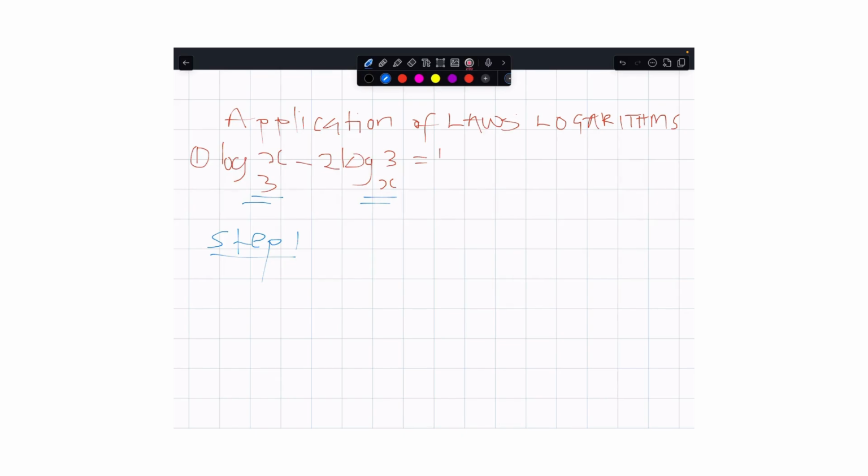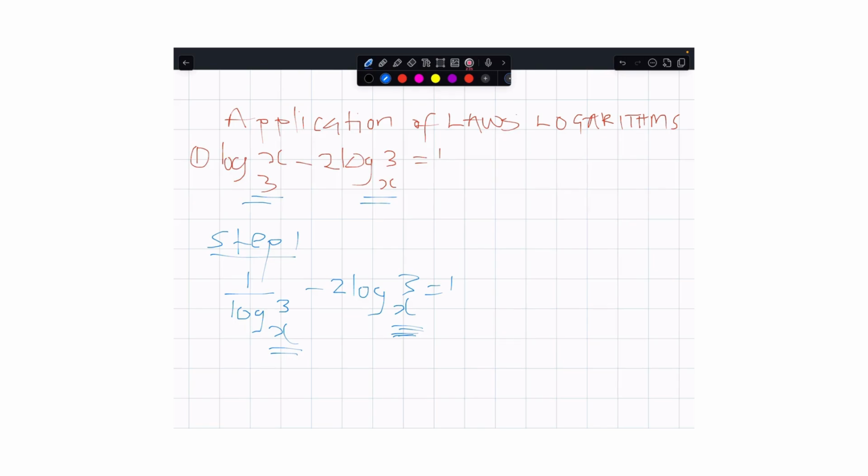Remember that when we want to change the base of the logarithm, we can just say 1 over log of 3 base x, minus 2 log of 3 base x is equal to 1. So here I want you to note, guys, that we now have a similar base. So from here we can move on to our step number 2.